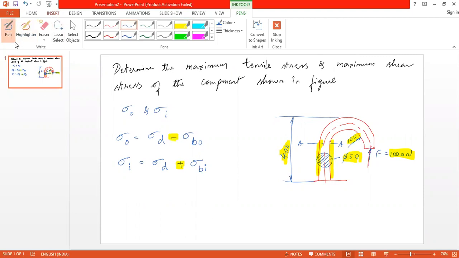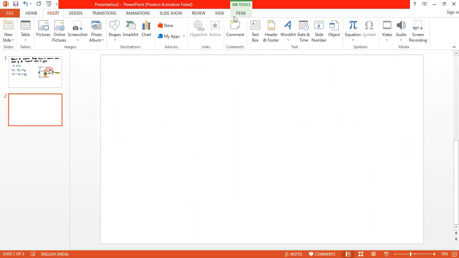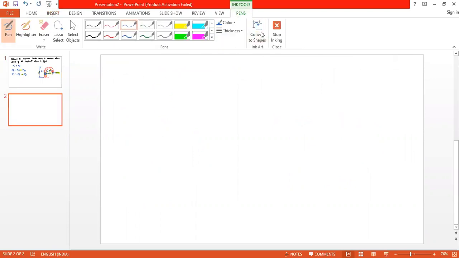Now, the cross section is circular. Here, one will be the load line and one will be the center line of curvature.